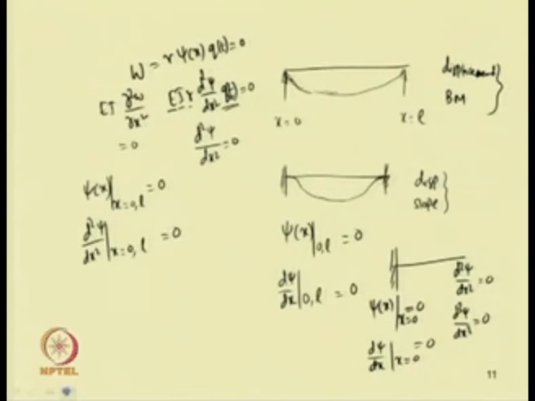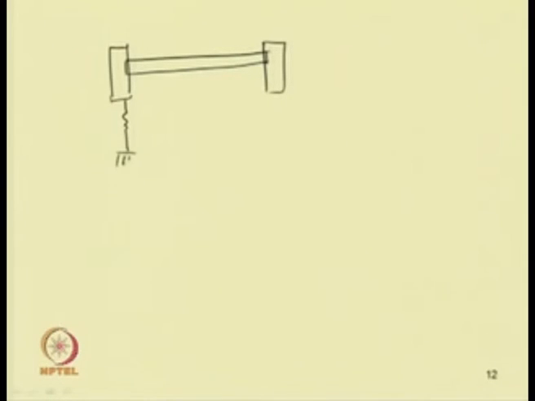So, let us see some more complicated boundary condition. Let us take one beam, let at this end one have a mass, also let us have mass at both the end, and this is also supported by some spring and damper.